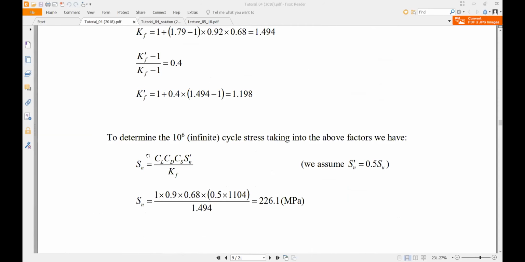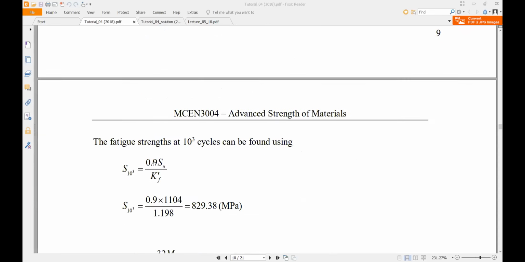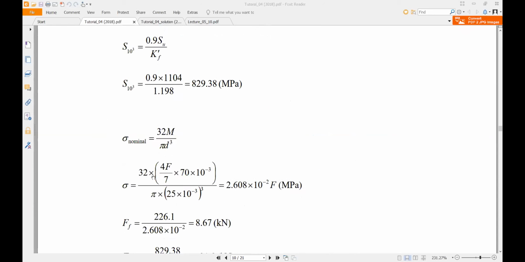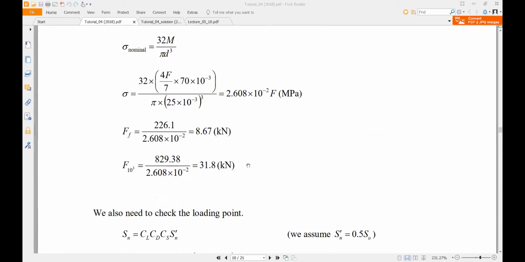Then you need to find out the 10⁶ cycle strength using these three at the groove. Then you need to use that particular equation and calculate, the same way, the 10⁶ cycle load value, and compare those load values at each point.